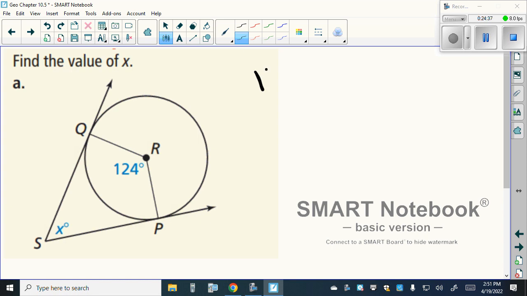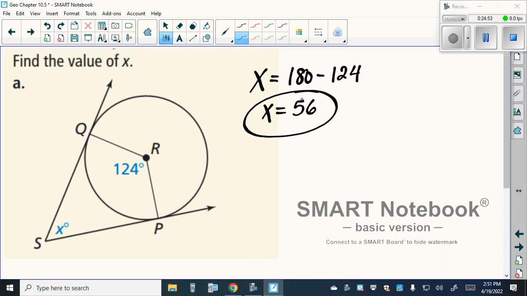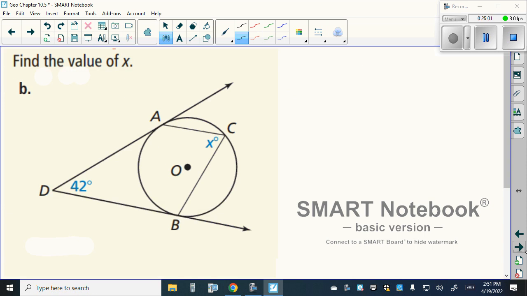So what do we need to do to find the value of x? Subtract that from 180. So we do a 180 minus. Questions on this here? What do we need to do to solve for x here?